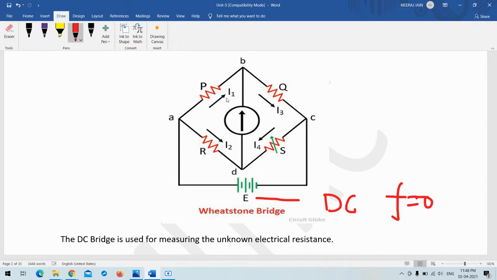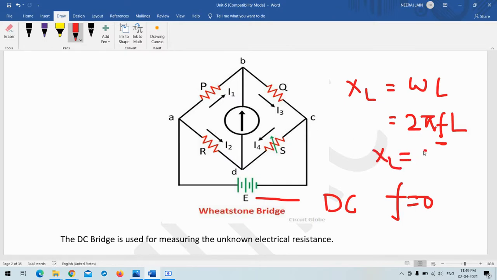If we use an inductive element, then the reactance of the inductive element XL will be omega L, or 2 pi f L. Now if f is equal to 0, then XL will be 0. So it is not applicable for reactive components. In the DC bridge we use only resistive elements.